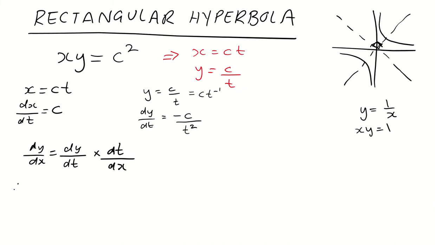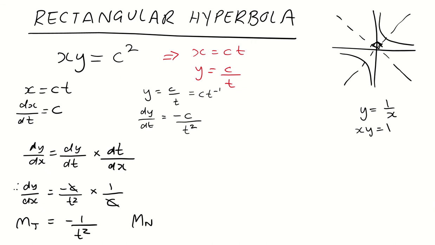So my gradient function is going to be negative c on t squared, timesing by 1 on c. My c's will cancel, and I end up with a gradient of my tangent being negative 1 on t squared. So my gradient of my normal, if we needed that, would be just t squared.